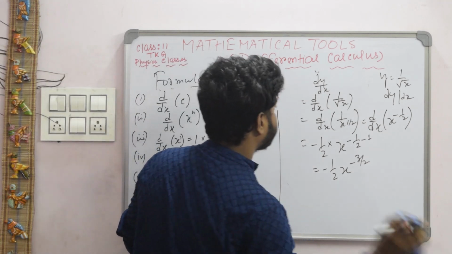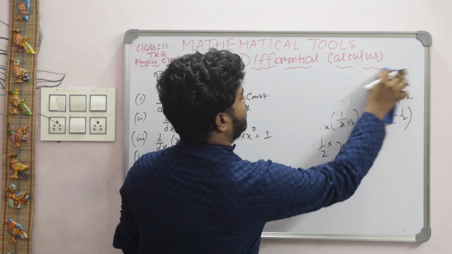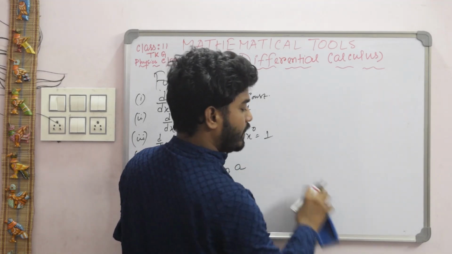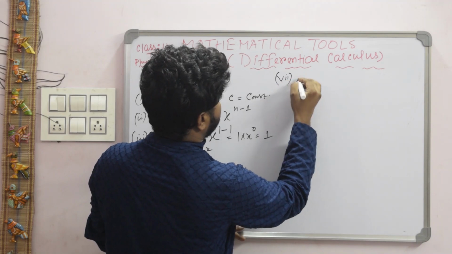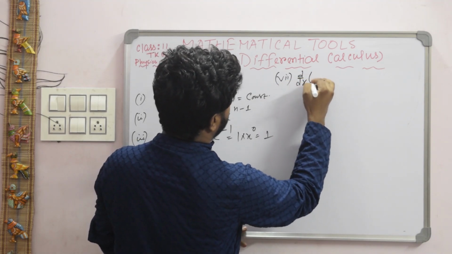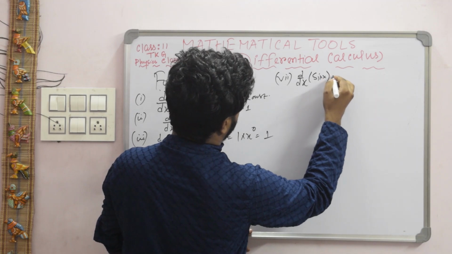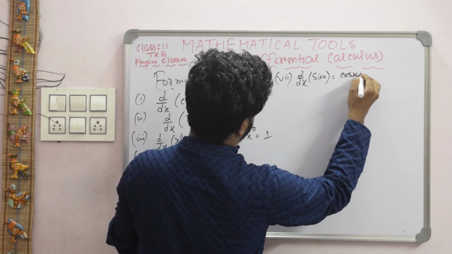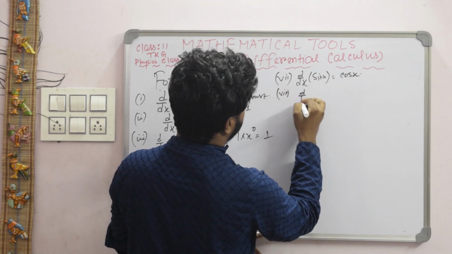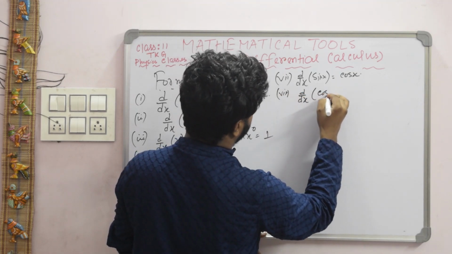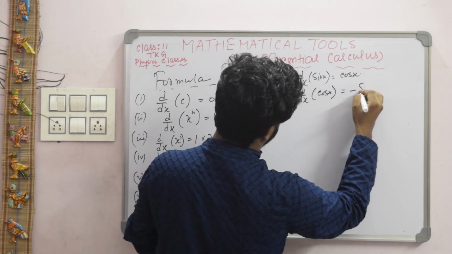Next, 7: d/dx of sin x, the answer is cos x. d/dx of cos x, the answer is minus sin x.